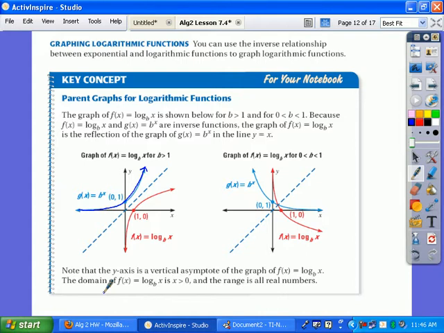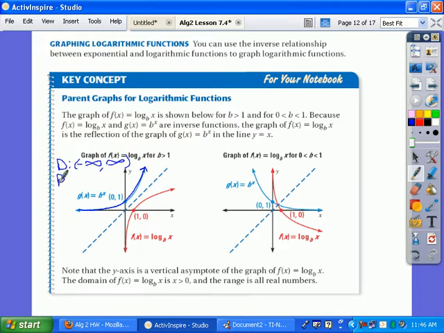If I have y equals b to the x, the domain is from negative infinity to infinity, and the range is from 0 to infinity. We saw this at the beginning of the chapter.